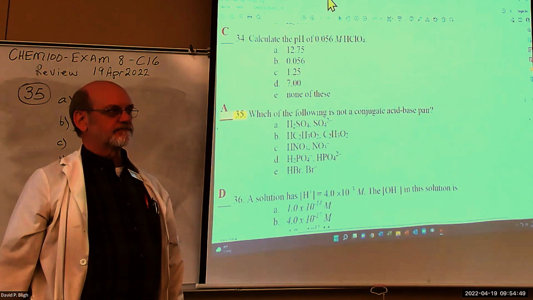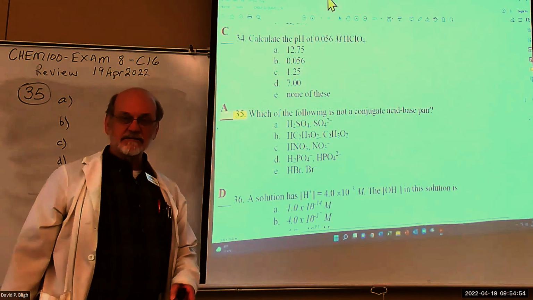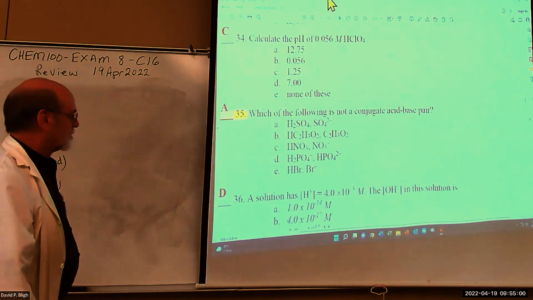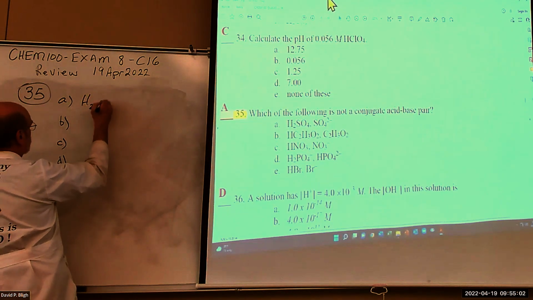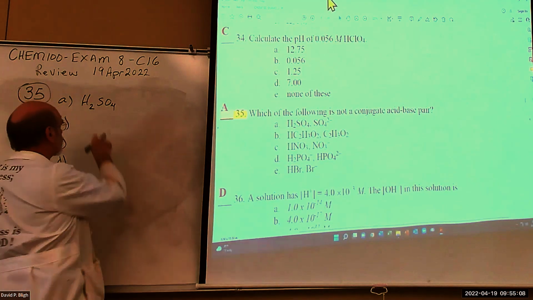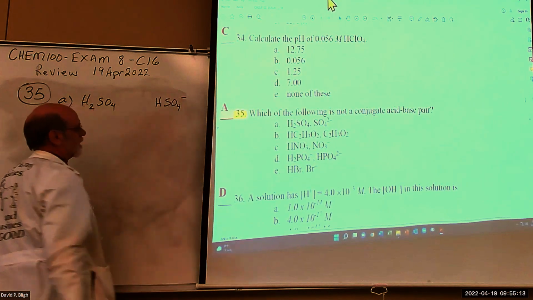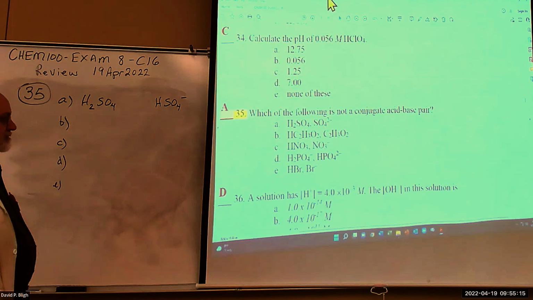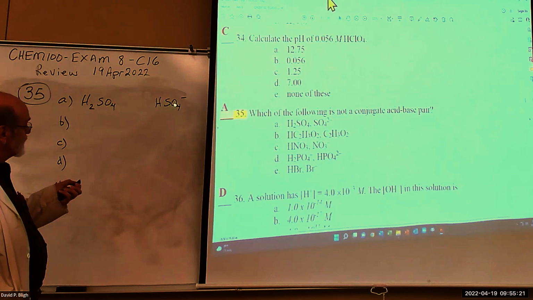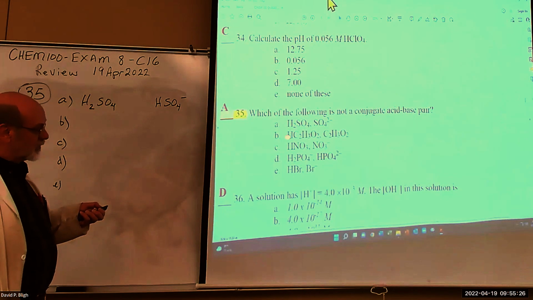The conjugate base of the weak acid has to be the same on both sides. It has to be in the molecule. So if we're going from here, how are we going to get to the conjugate base? Lose one proton. All right, well, that satisfies. That's not a conjugate acid-base pair because this is the correct one. That's the wrong one.